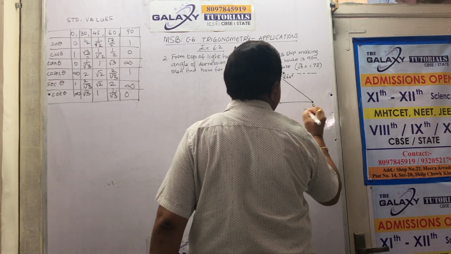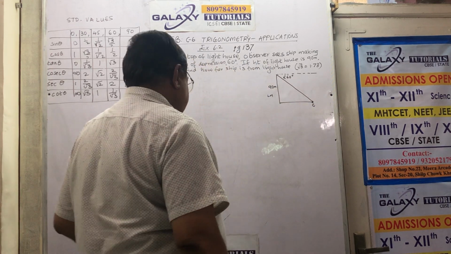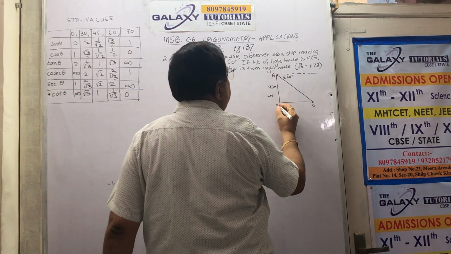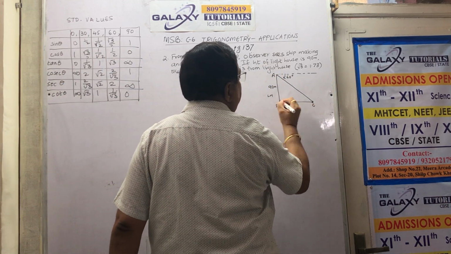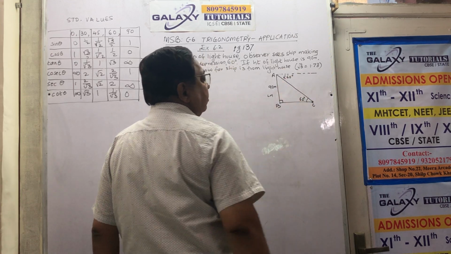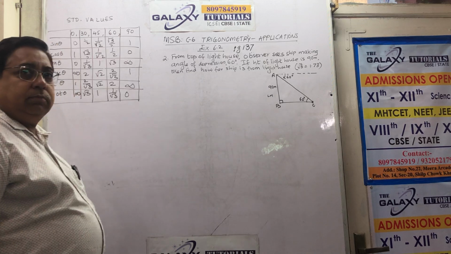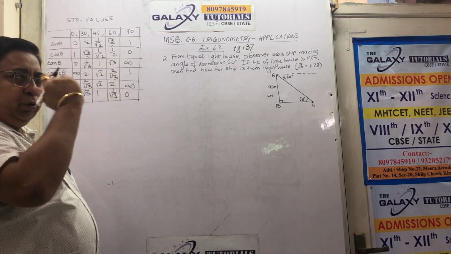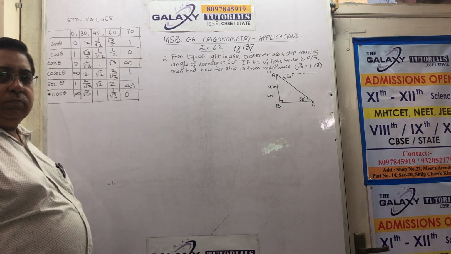This is my ship which I see, and I will label A, B, C, right angle at B, and the alternate angle, this is also 60 degrees. That is the line of vision, dotted, supposed to be parallel and straight.